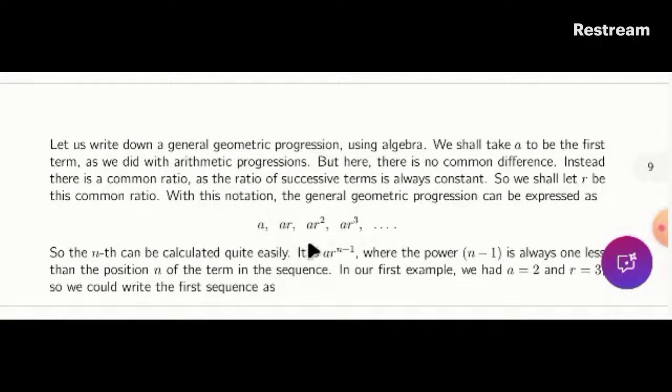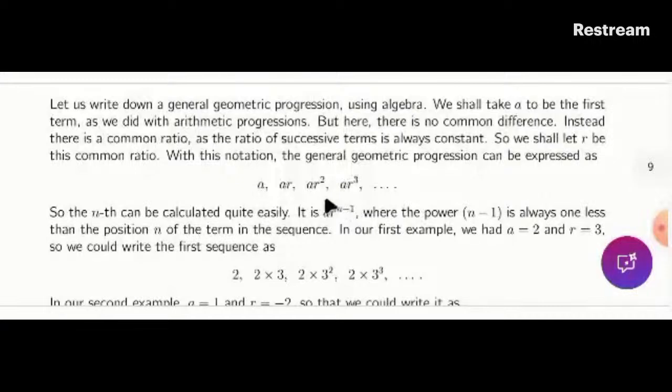In so many textbooks, you're going to be seeing a, which is the first term. The second will be ar. The next one is ar squared, because at every point in time you are multiplying by that particular common ratio. So the nth term can be calculated using this formula, where the n minus 1 is always less than the position we are talking about, right?